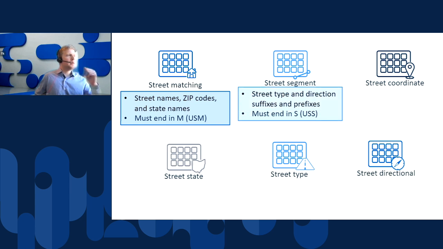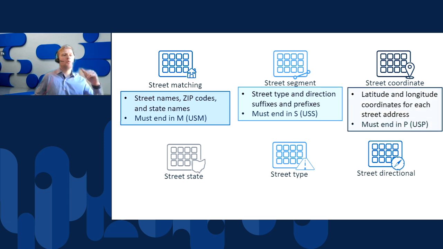The street segment dataset contains street type and direction suffixes and prefixes, and its name must have the same beginning as the street matching dataset, except that it must end with S. So by default, the US name for this dataset would be USS.